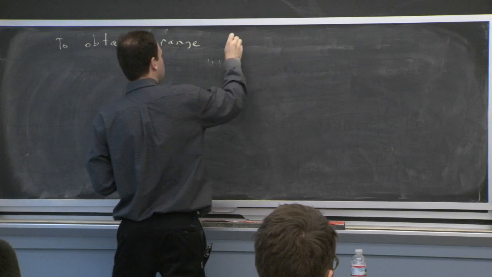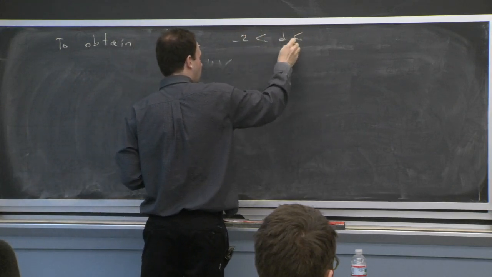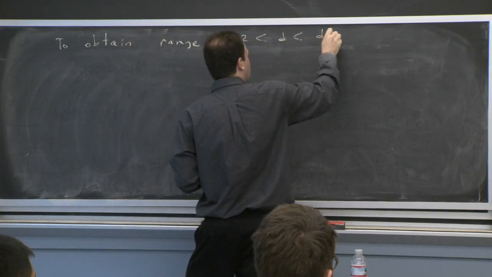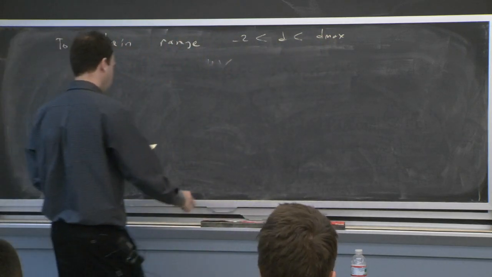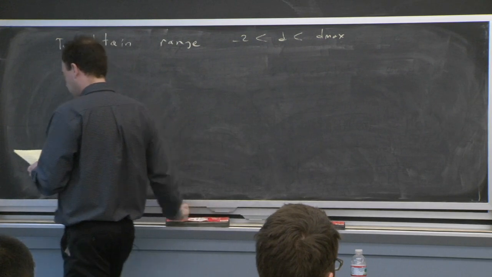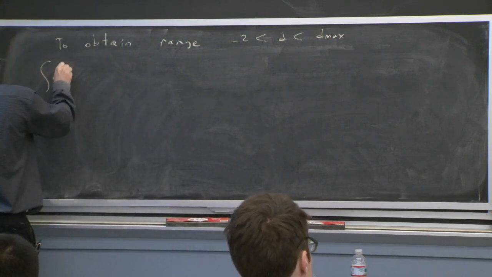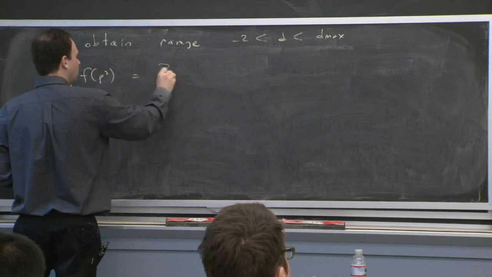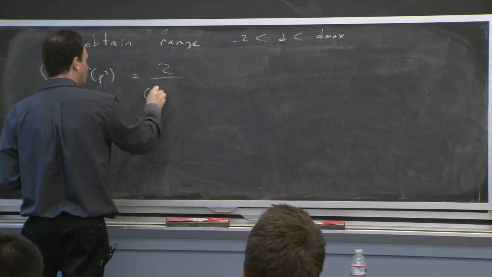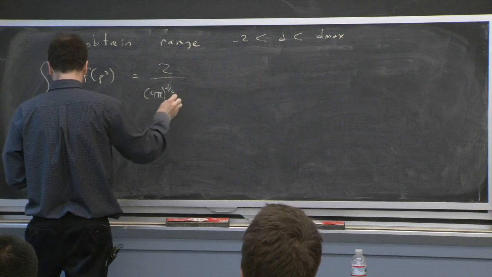And you can do this, if you like, step by step. So if we wanted to extend the lower limit down to -2 from 0, then we would do the following. We take our integral, write it out in this angular radial separation.